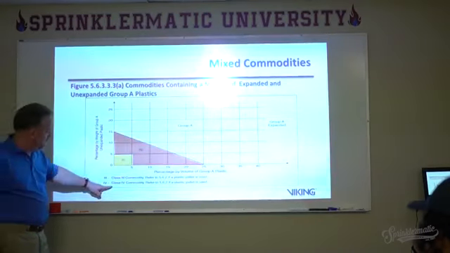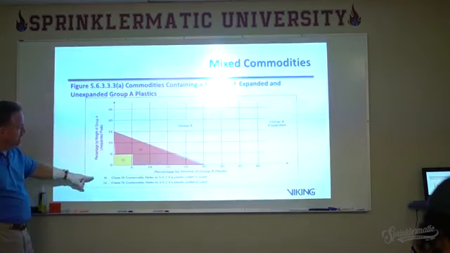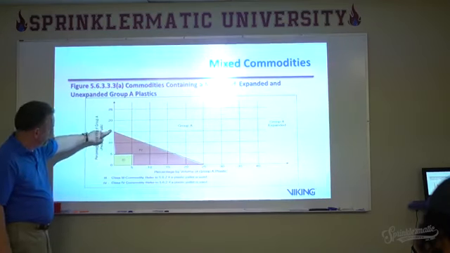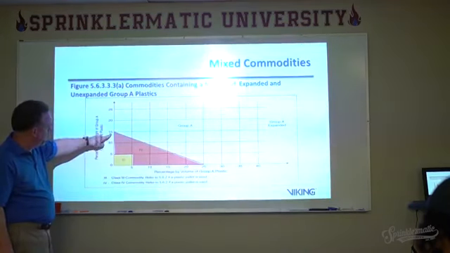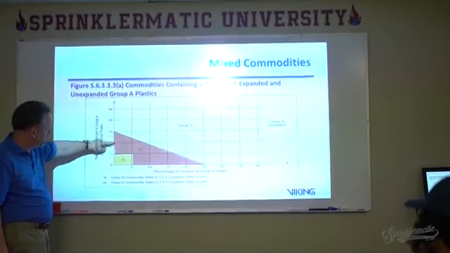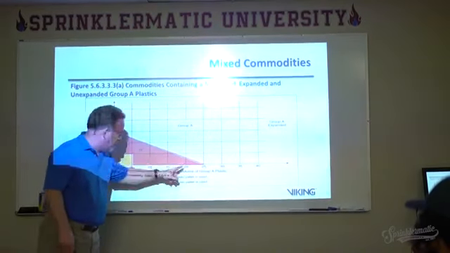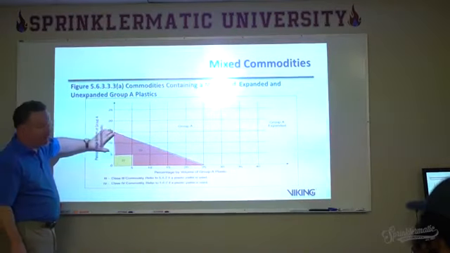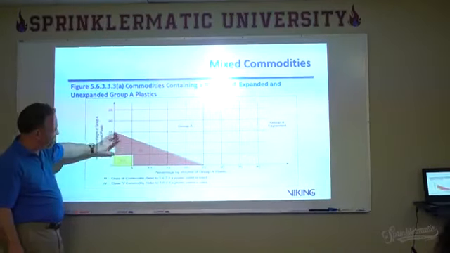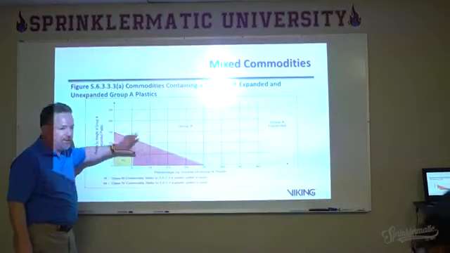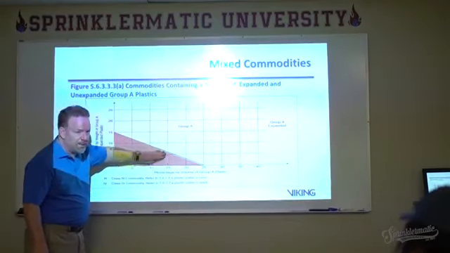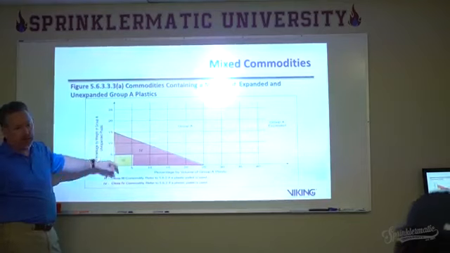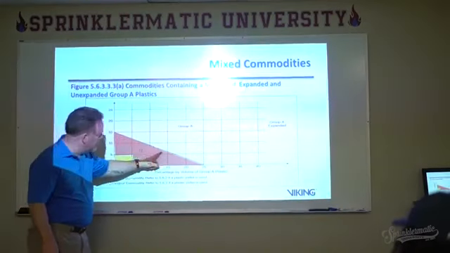If you're in a class 4 commodity, we set up to 15% by weight, 5 to 15, or 5 to 25 by volume. But you can see that this figure is saying that the further you go up by volume, the less you can have by weight. All right, this is where we're going with this.